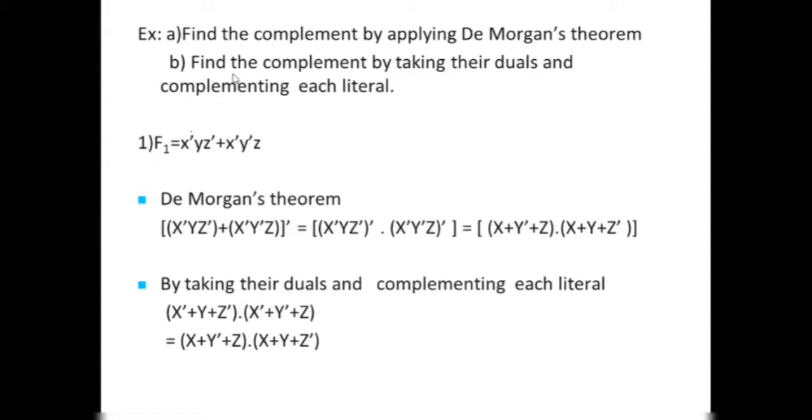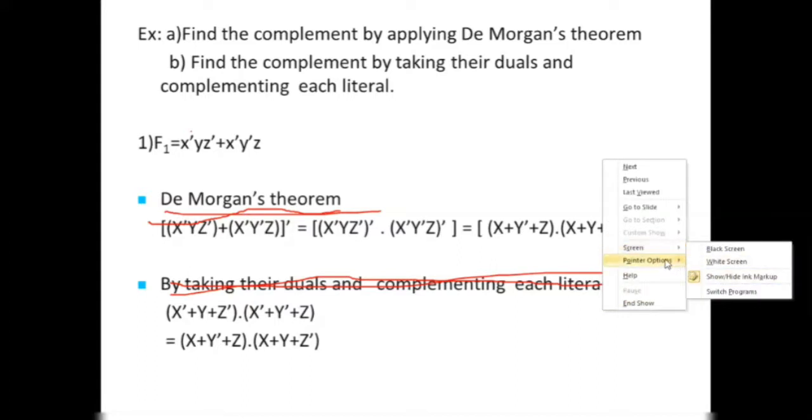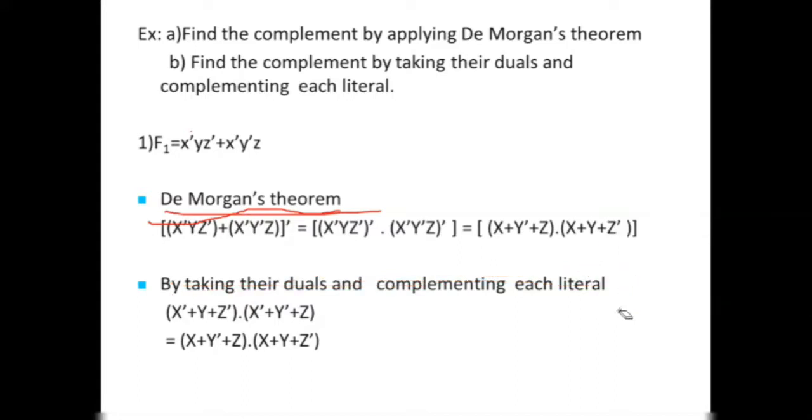Those are the two main ways you can find the complement of a function.